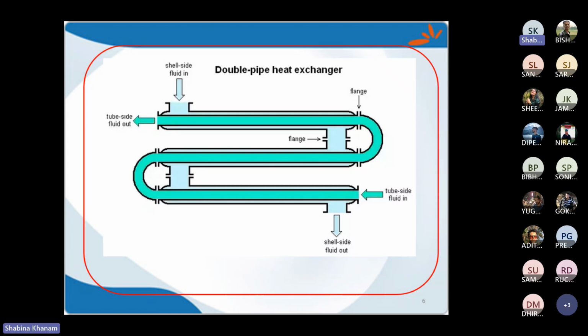If you observe the double pipe heat exchanger, whatever heat transfer area you have will give you this length. Heat transfer area: Q is equal to U A delta T LM. Once I have the heat duty, and once I have U and delta T mean, you can calculate the heat transfer area. There is no problem.